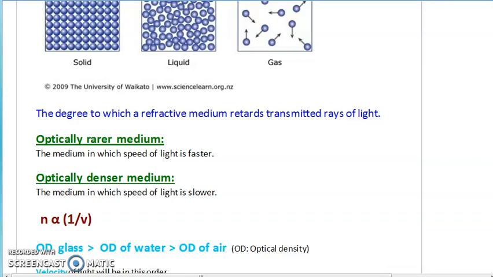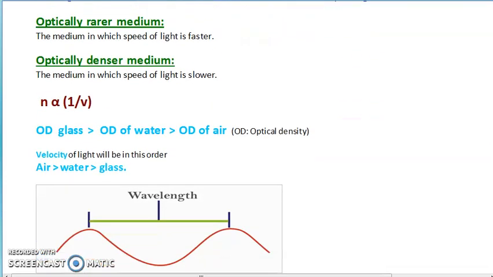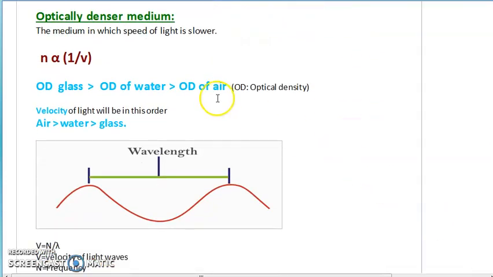A variable will change when you change that quantity, but a constant will not change. So on what factors does the refractive index depend? Definitely the speed of light in that particular medium.